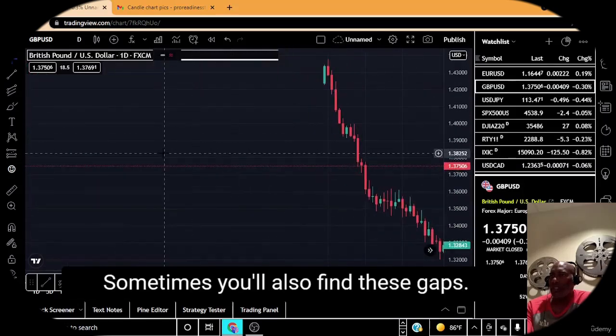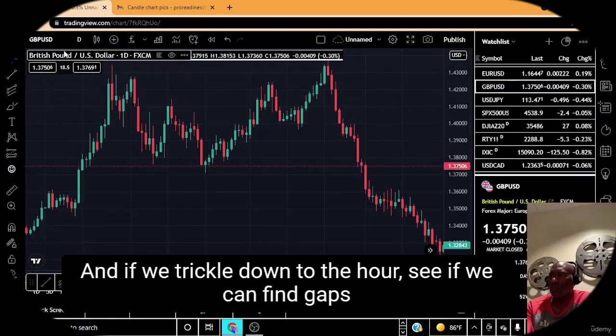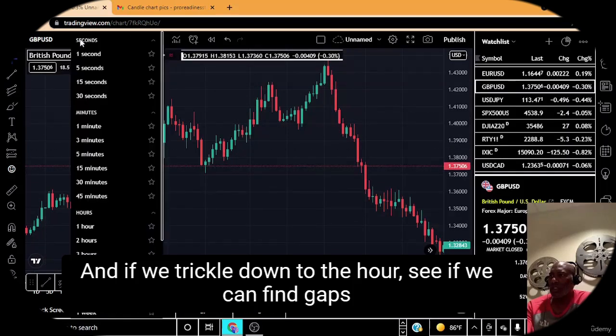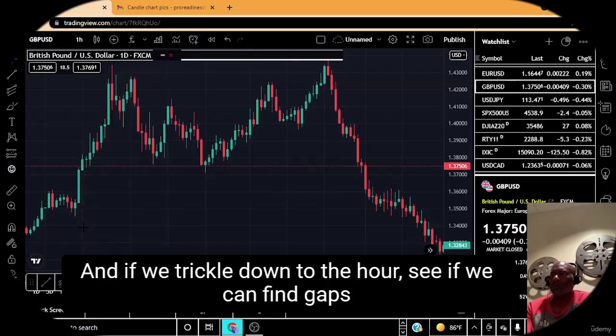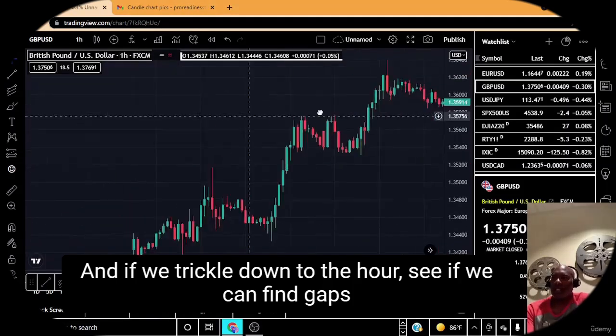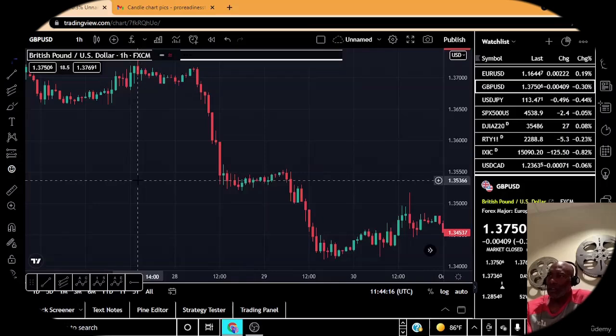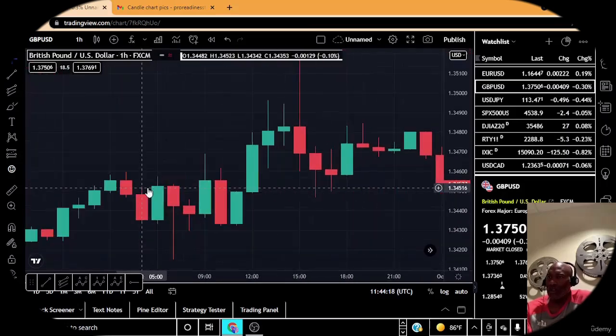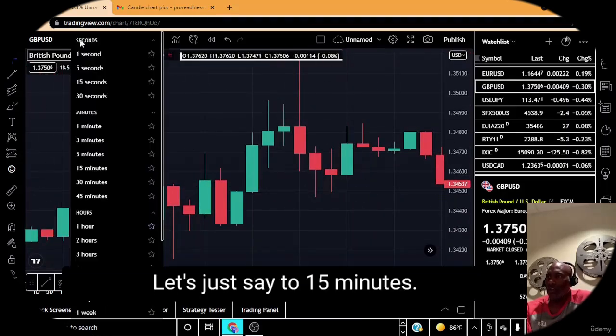Sometimes you'll also find these gaps if we trickle down to, let's say, the hour. See if we can find gaps in here. Let's just say the 15 minutes.